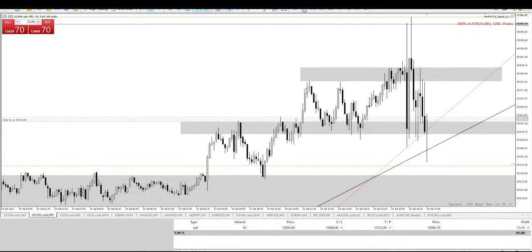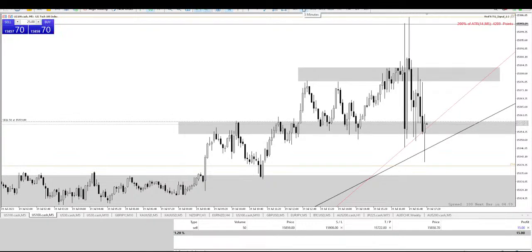But right now I'm looking at it in hindsight, so I'm going to hold for now until we see what happens here. So we had that 5-minute close.